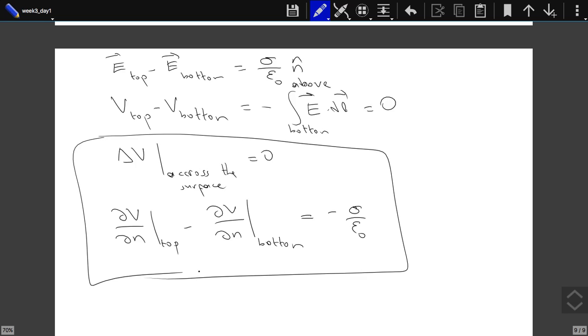They should be related somehow, and the relations are here. The potential at the boundary of this glass should be continuous, but its derivative should be discontinuous, and the potential at infinity should be 0. Those are the boundary conditions we have. When we are solving for the potential, when we are solving Laplace's equation, these will be the boundary conditions we will be using.